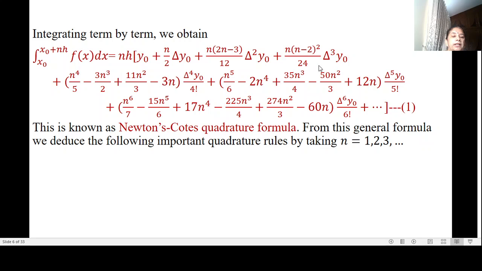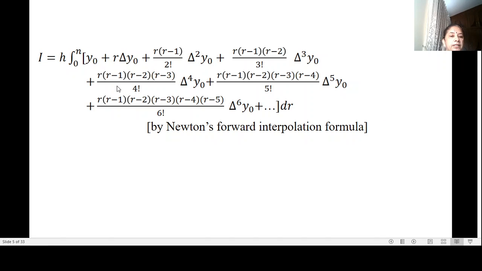We need at least the terms up to delta cube y0. Let me explain how we get this once again. We have substituted Newton's forward interpolation formula here. So y0 plus r into delta y0 plus r into r minus 1 divided by 2 factorial into delta squared y0 plus r into r minus 1 into r minus 2 divided by 3 factorial into delta cube y0 plus so on. Now integrate each term with respect to r. Before integrating you simplify this.